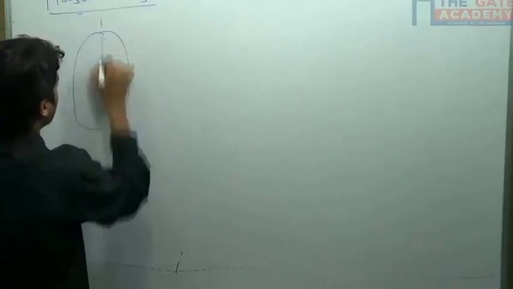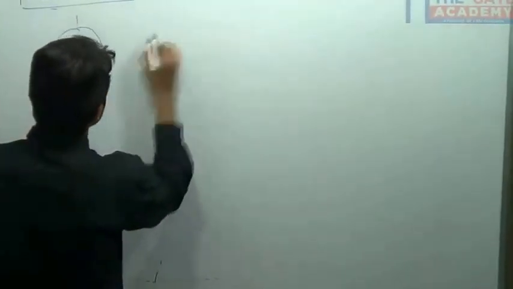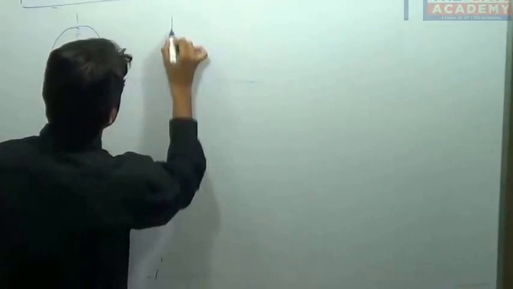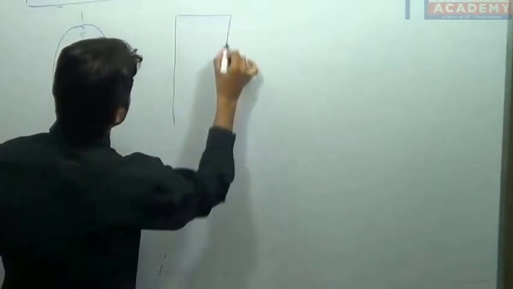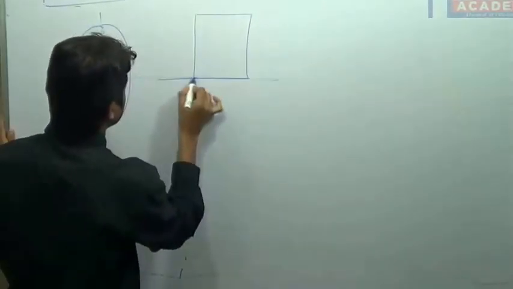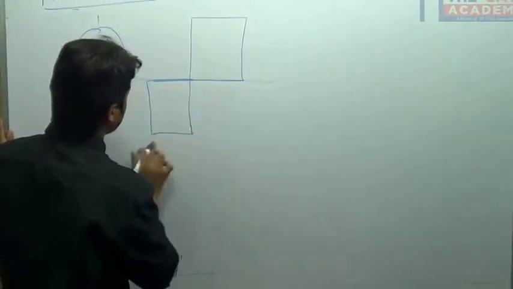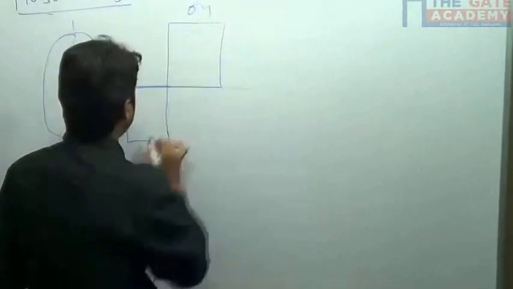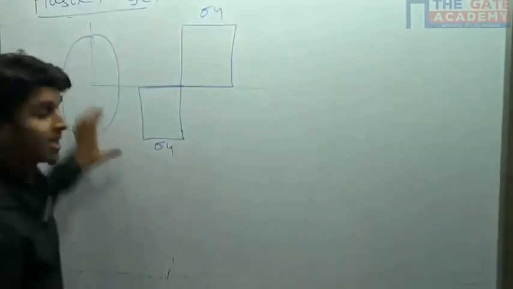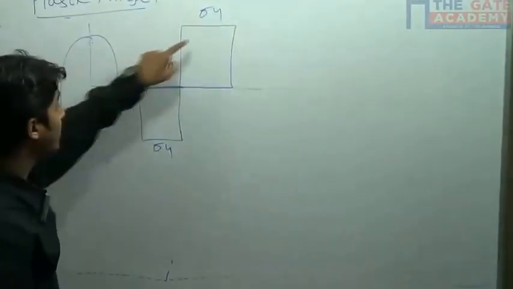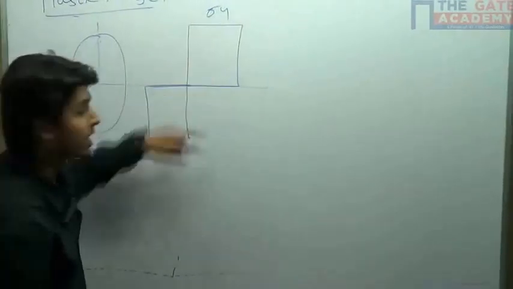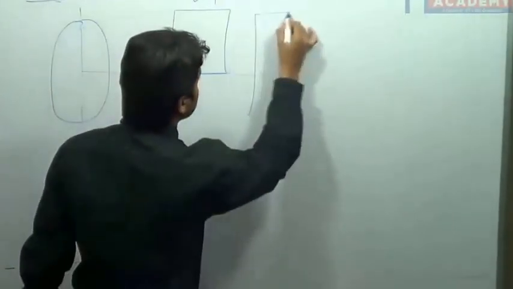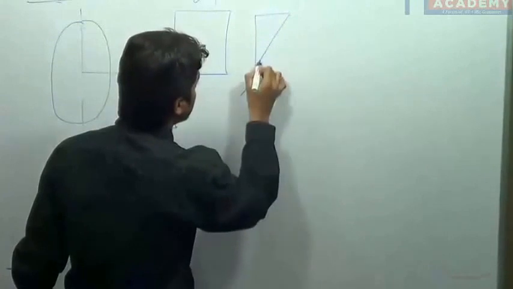So I am considering a body. The section has yielded. Earlier it was like this, before applying the moment.